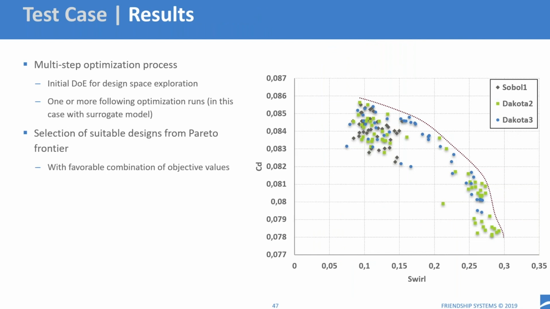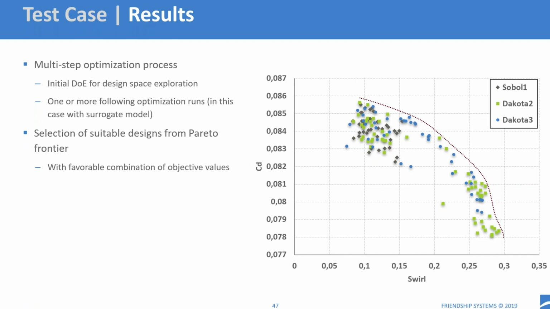So here, then finally, just for the results, in this case just an example, but to give you an idea of how the optimization process would look like, here we have started with an initial DOE to explore the design space. In this case, we're using an internal DOE algorithm in CAESES, the so-called Sobol algorithm.